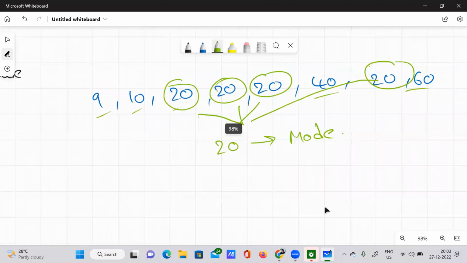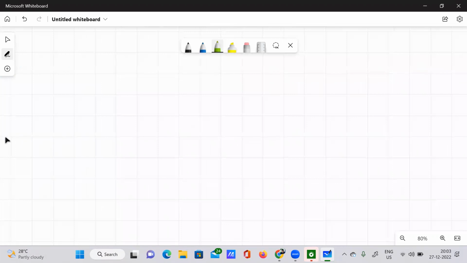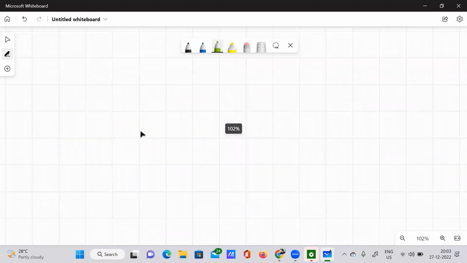But did you ever wonder what happens if I find two numbers which are repeated the same number of times? Don't worry, I'll explain. See here, I have 1, 4, 6, 9, 6, 9, 10.